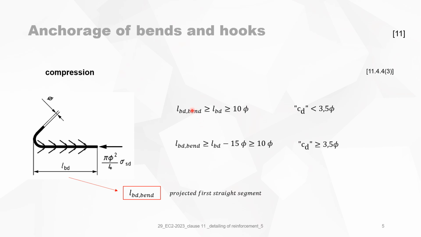Now, you see this was condition 1, this was condition 2. Now suddenly they say which condition prevails depends on the concrete cover. This is not what we have seen in the previous slide. So again, it's not consistent anymore. But this is for compression, so this is a totally different game. Just bear that in mind.